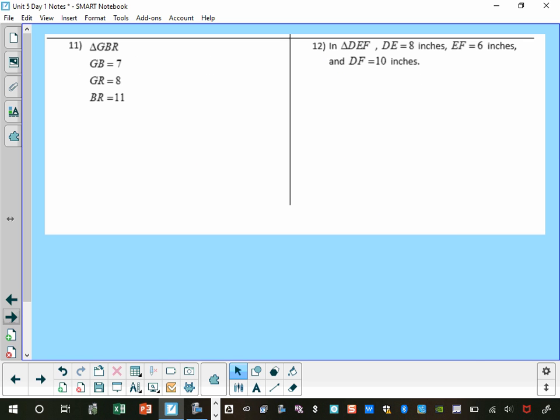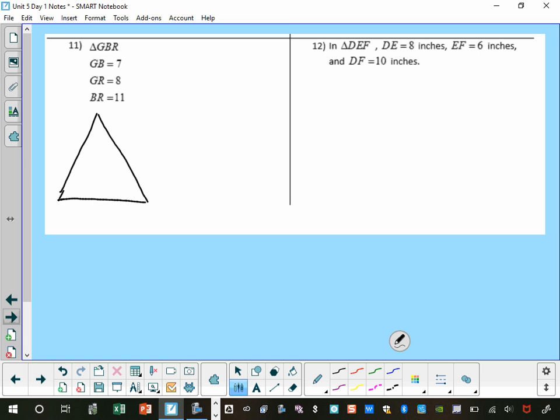All right, so this one, it says we have triangle GBR. Before you even start, draw a picture. And you can draw your picture however you want. You can draw your angle however you want. I typically just draw this angle all the time. And I'm going to name it GBR.